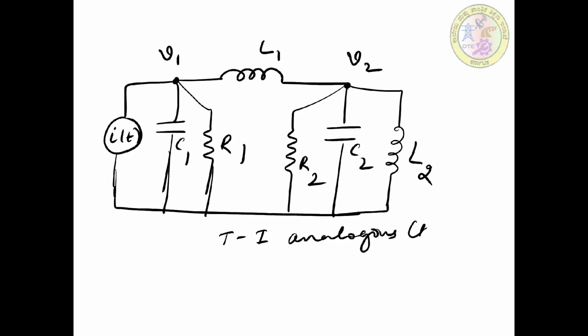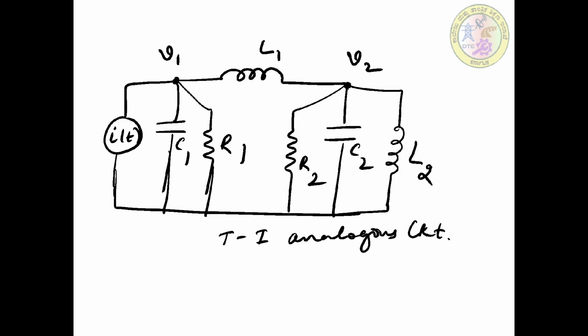From the circuit you can compare with the given mechanical system. In the given mechanical system we had two displacements, theta 1 and theta 2. Now they have become two nodes, V1 and V2. The spring K1 in between the two angular displacements has become inductor L1.